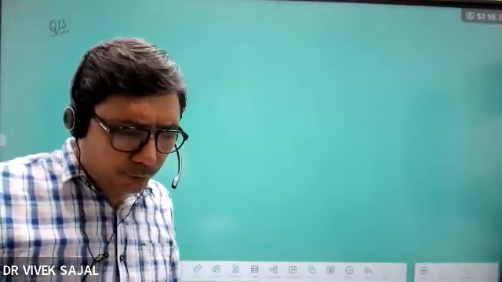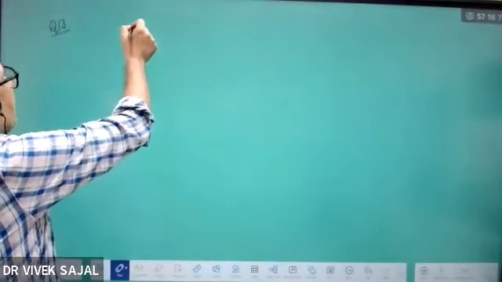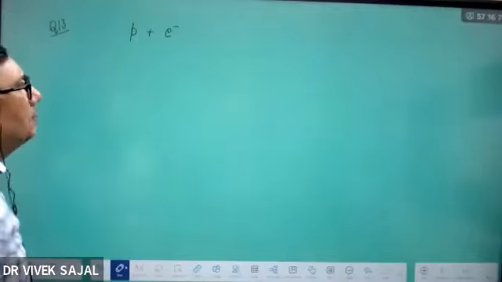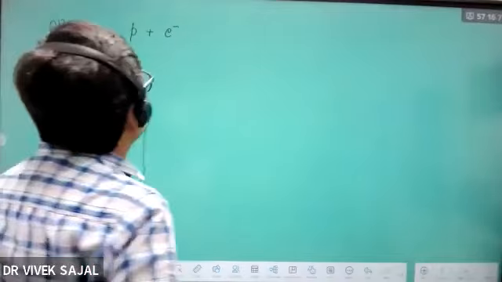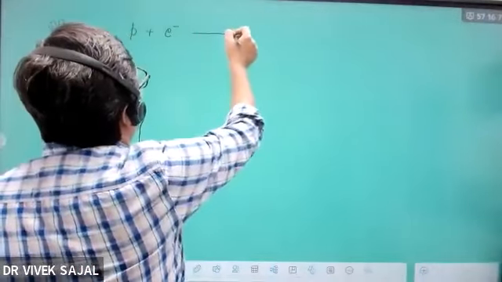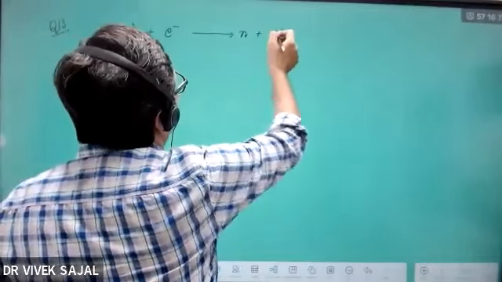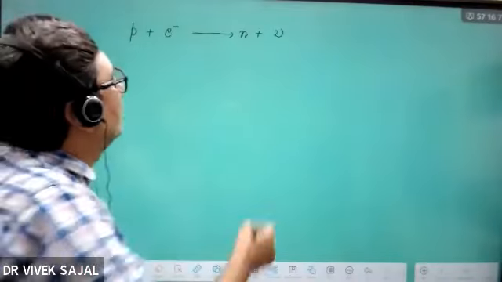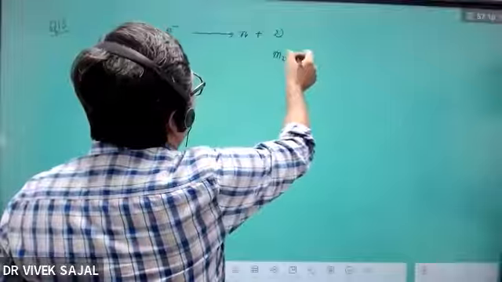For a proton to capture an electron, so there is a proton, and it captures an electron to form a neutron plus neutrino. Neutrino is assumed massless, so its mass is 0.